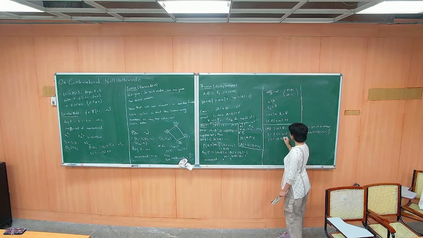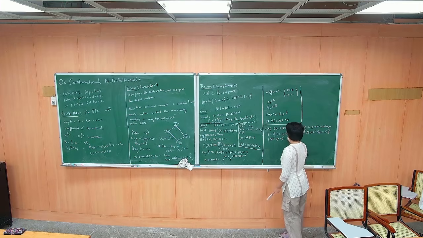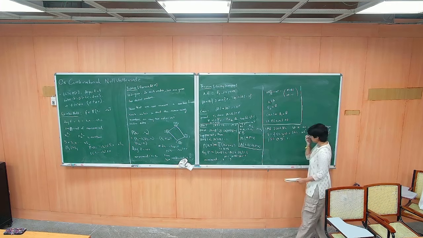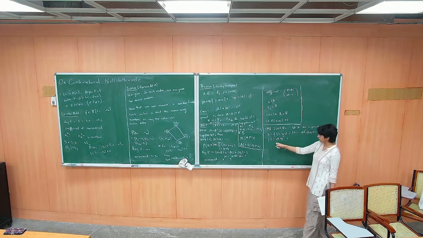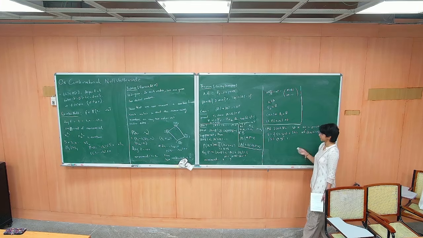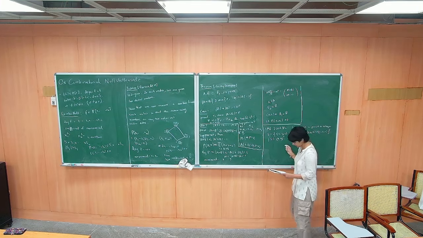The cardinality of S is basically (n+1)^3 minus 1. Pretty simple.